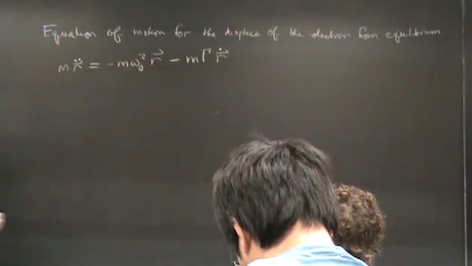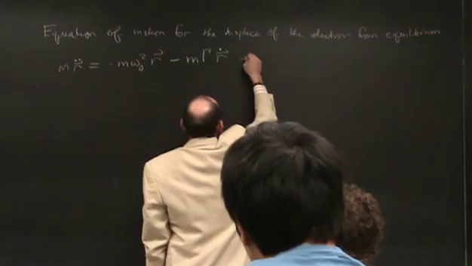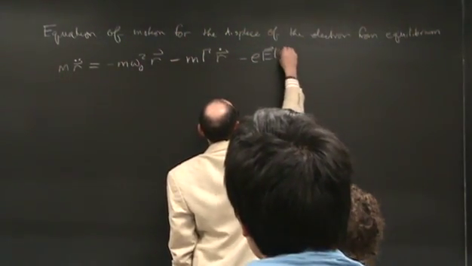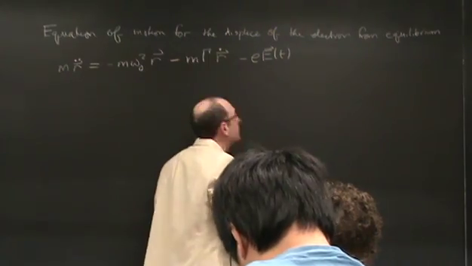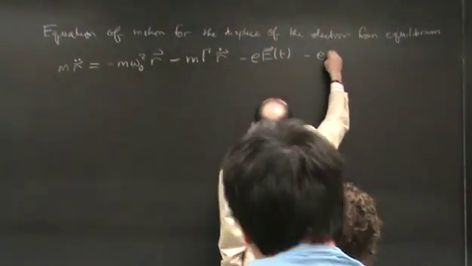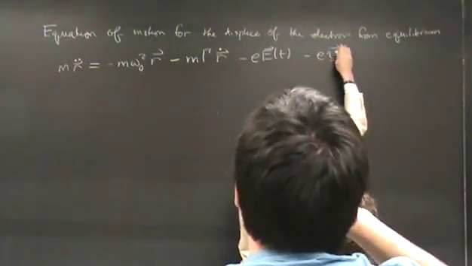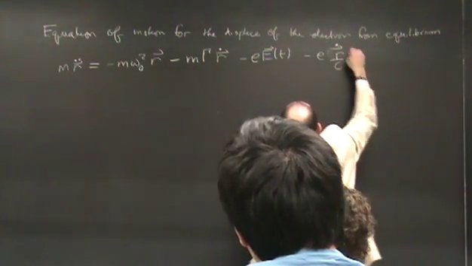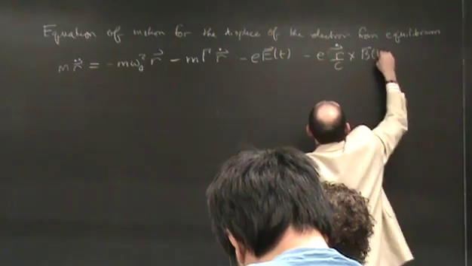And then we have the external force, which is the Lorentz force. So this is the electric field at the position of the molecule as a function of time. And then we have, generally speaking, this magnetic term as well.